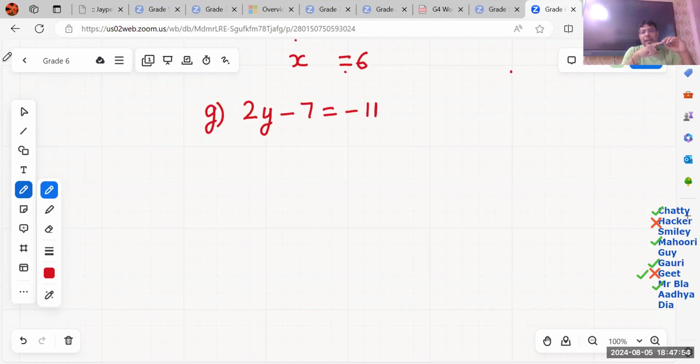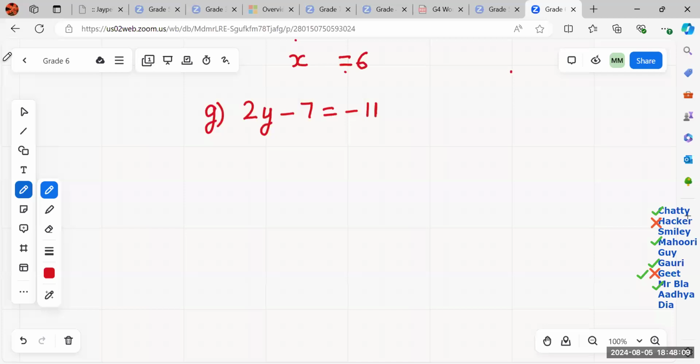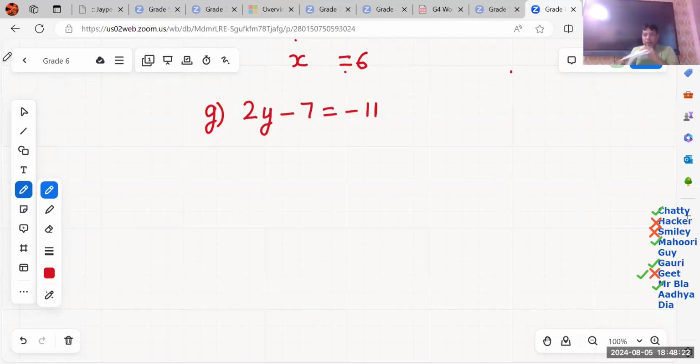So, Smiley, Adya, Diya, send your answers quickly. So I'm solving. Adya, which question do you have doubt in from your school syllabus?